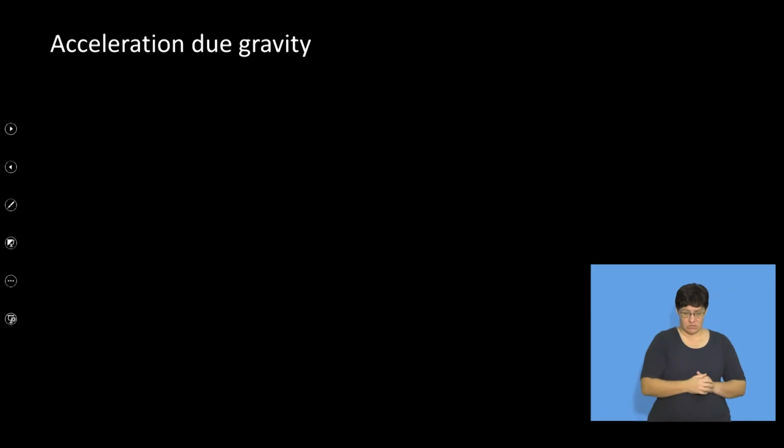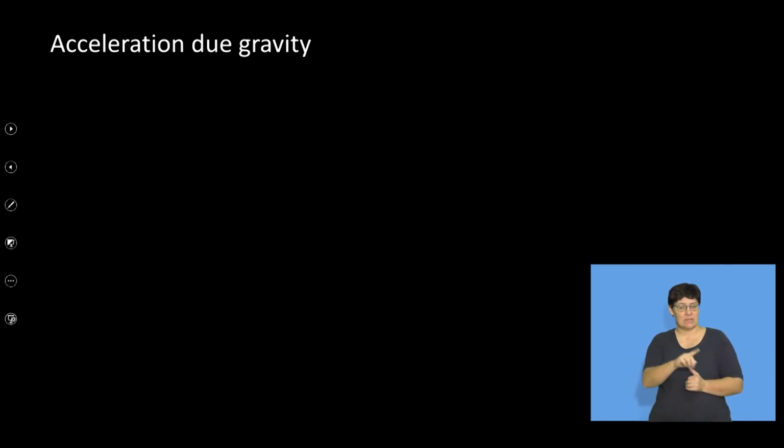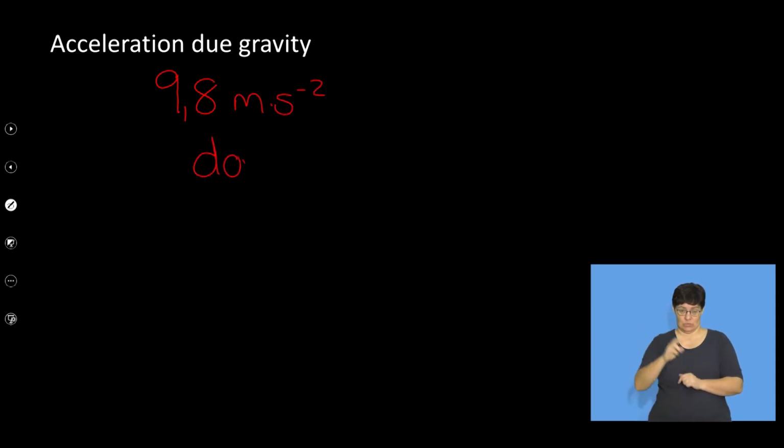And most of the time, we're going to ignore the time it spends on the floor, just because it makes it a bit easier. What that means for us is that acceleration due to gravity is a constant 9,8 meters per second squared down.